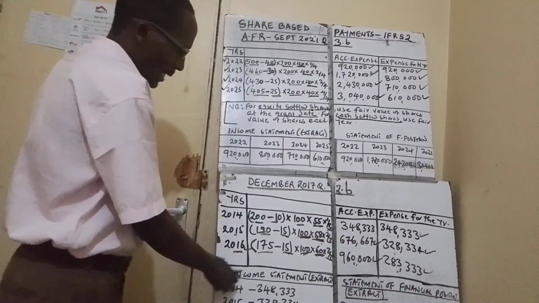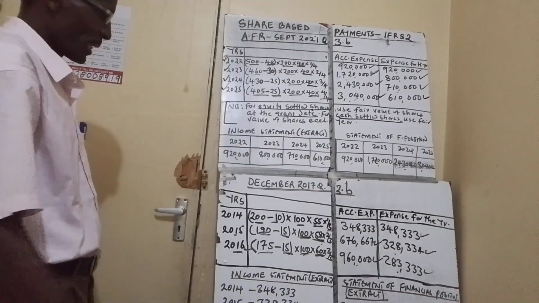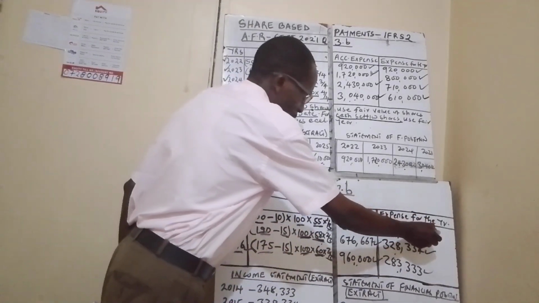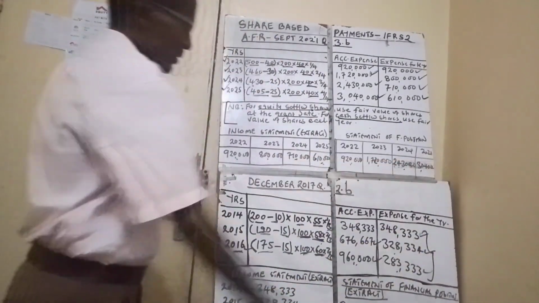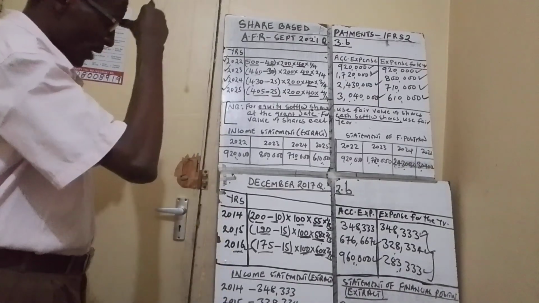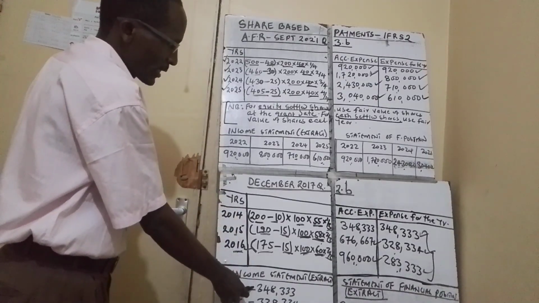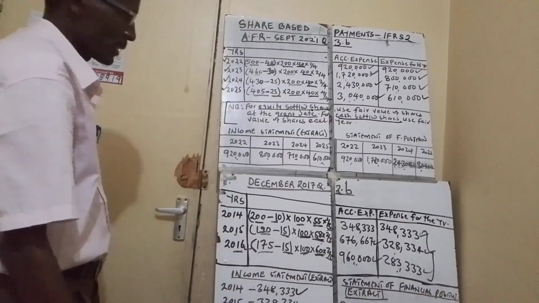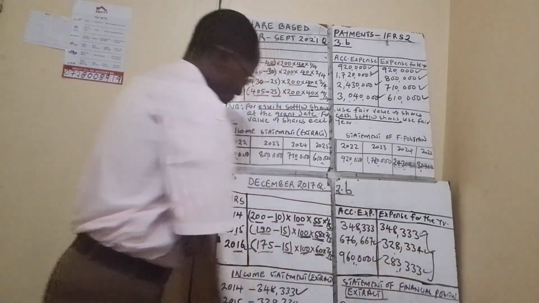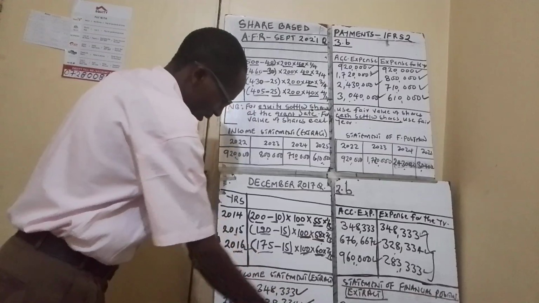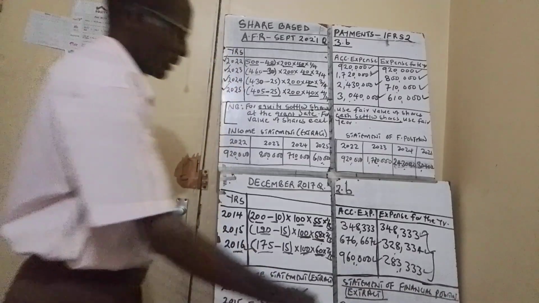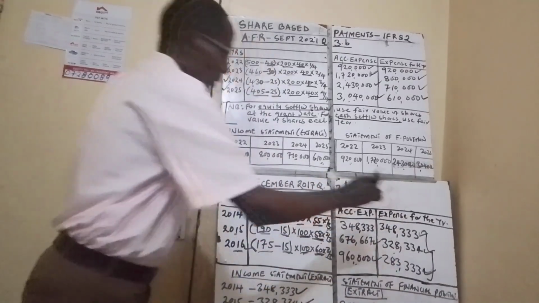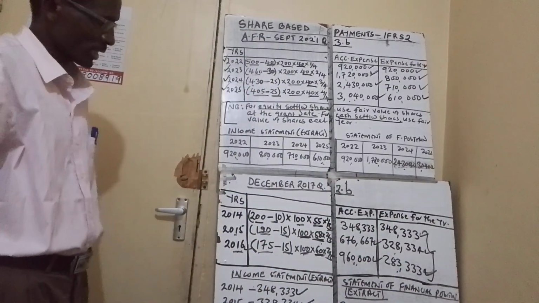So just prepare the income statement extract. In the income statement extract, you just take the expenses for the year. For year one, 348,333. The second year, 328,334. Then 2016, 283,333. Those are the figures which will appear in the income statement extract.